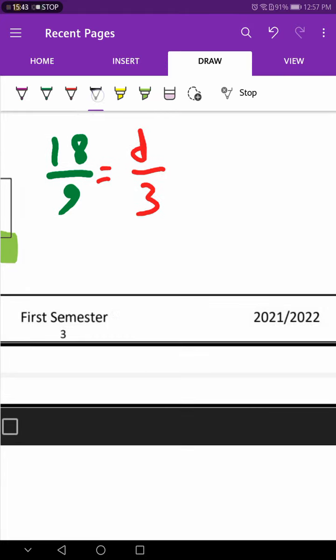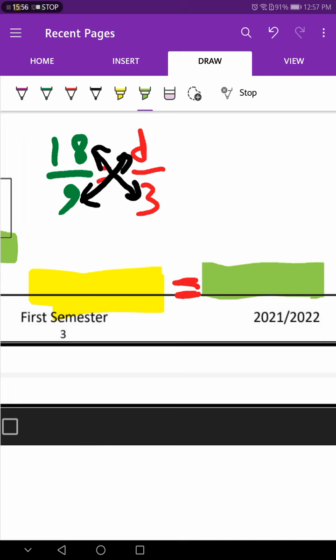Now cross multiplication, and before I do this I draw the left and the right side. This is the left and this is the right. You can put any product on any side, the yellow side or the green side.